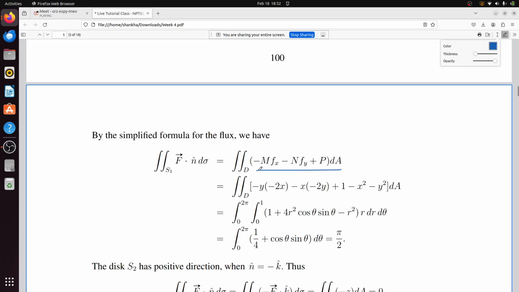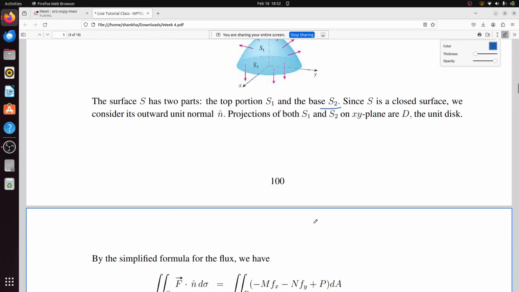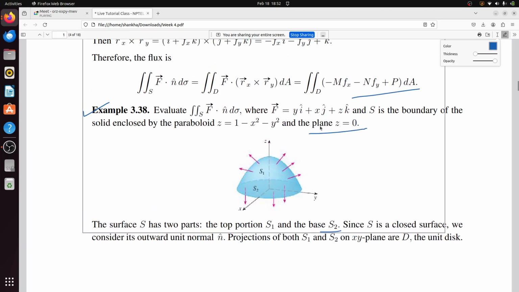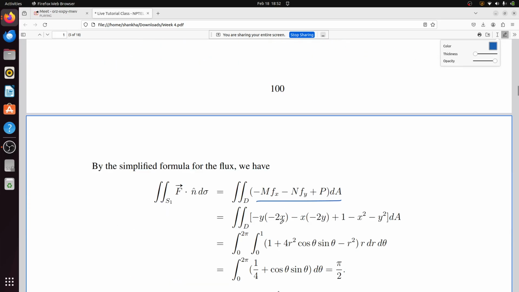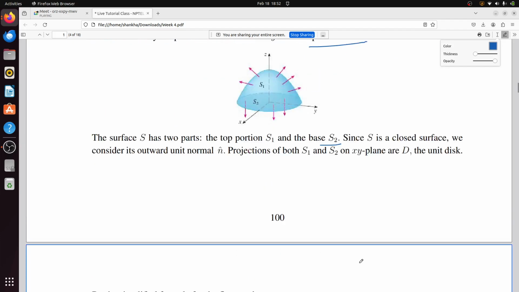What is minus m? Minus m is minus y. And what is your f? Your f is 1 minus x square minus y square. Fx is minus 2x. Similarly fy will be minus 2y. And what is your p? Your p is z equal to f of x y. You are given z is equal to 1 minus x square minus y square, right?